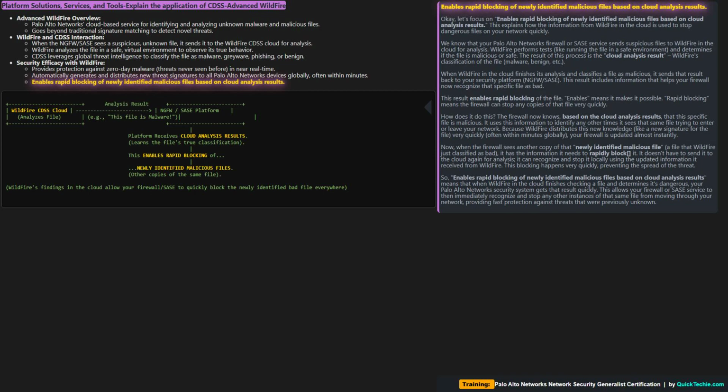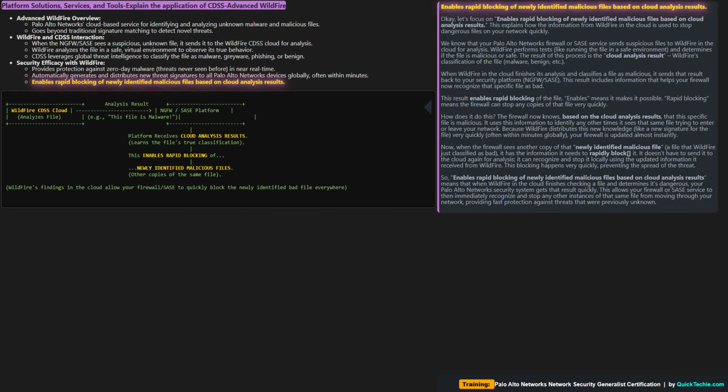We know that your Palo Alto Networks firewall or SASE service sends suspicious files to WildFire in the cloud for analysis. WildFire performs tests, like running the file in a safe environment, and determines if the file is malicious or safe. The result of this process is the cloud analysis result, WildFire's classification of the file, malware, benign, etc.